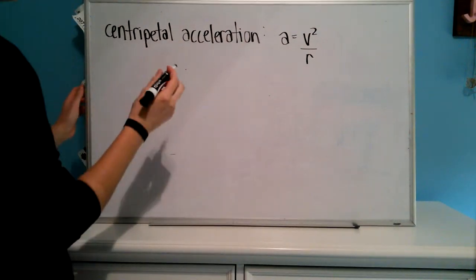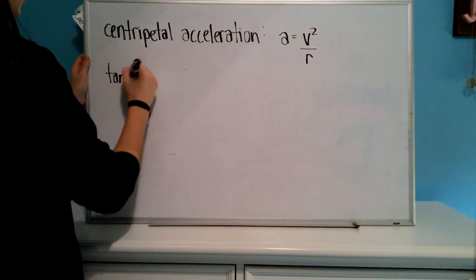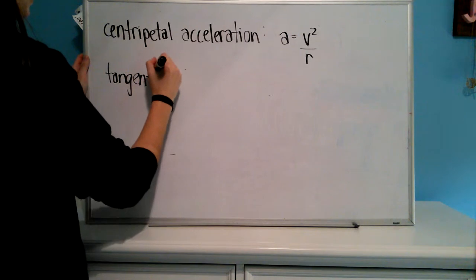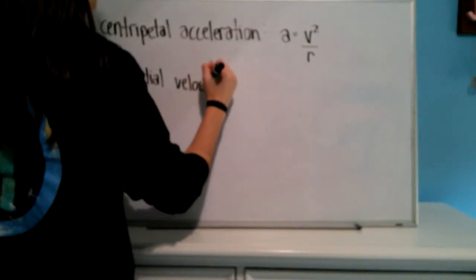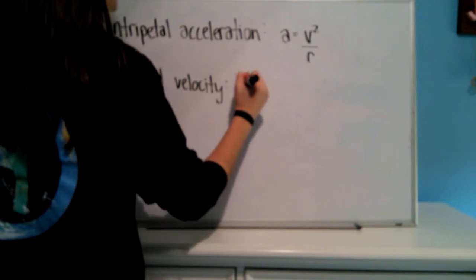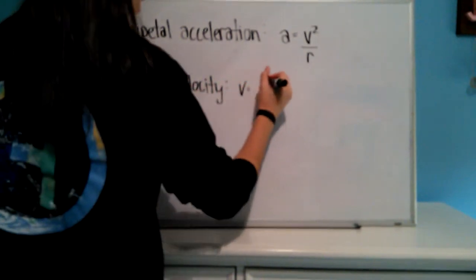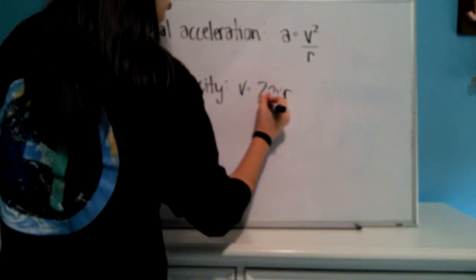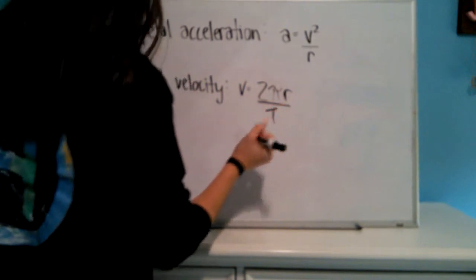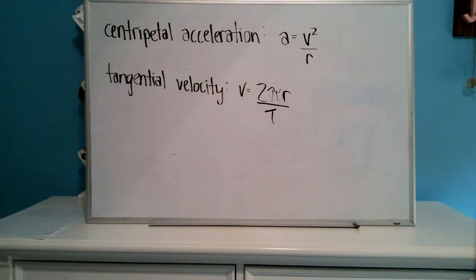Okay, and so your equation for your tangential velocity is going to be velocity is equal to your circumference, 2 pi radius over time. Okay, and so I talked about centripetal force.